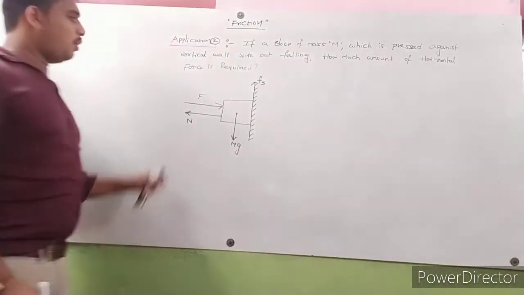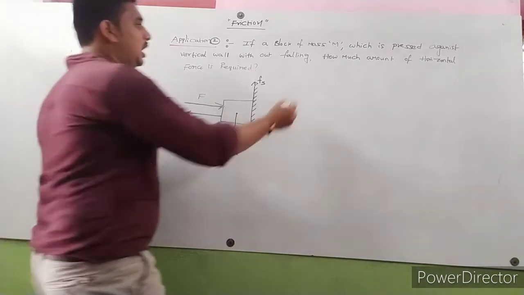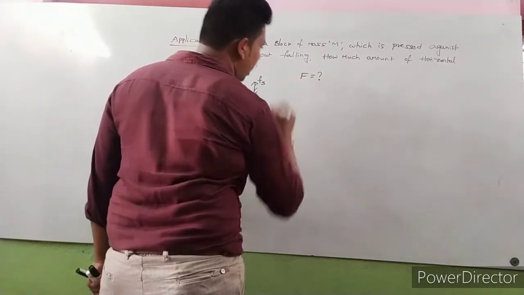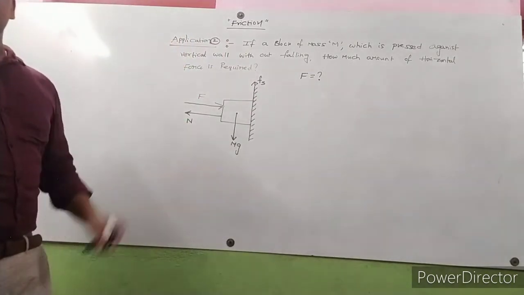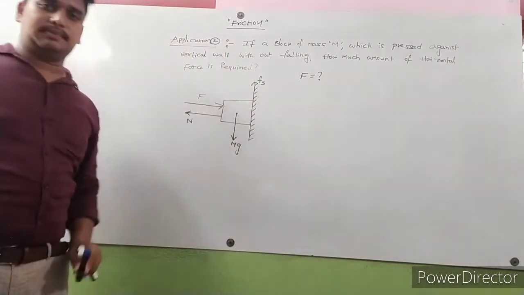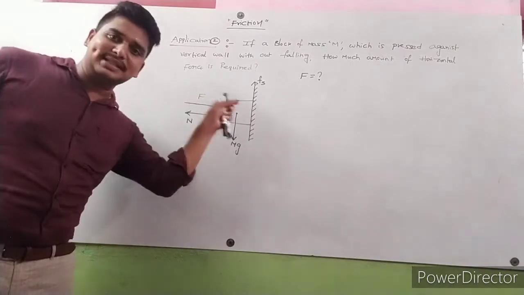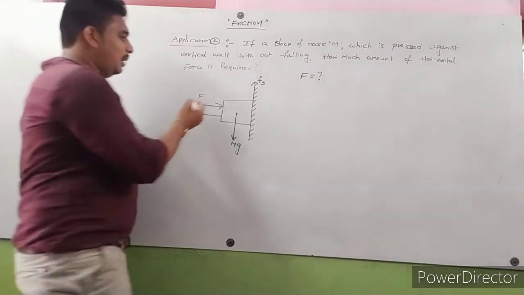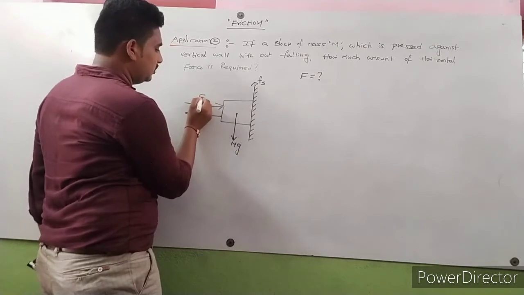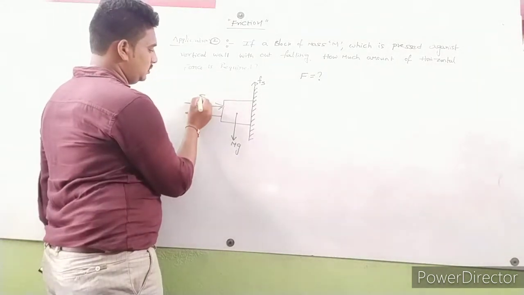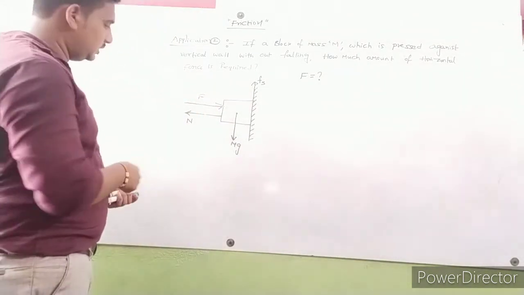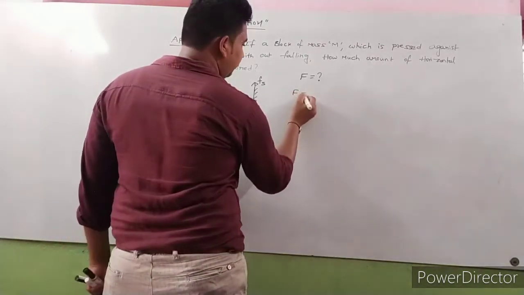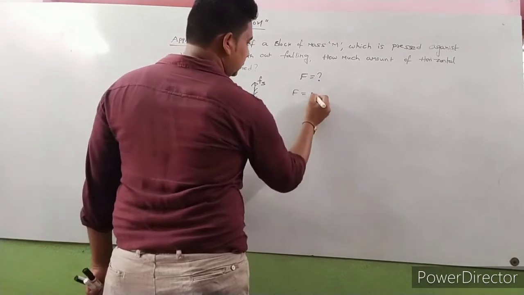So what do we need to find in this question? The horizontal force. How much horizontal force is required for the block to be pressed against a wall with force F without falling?